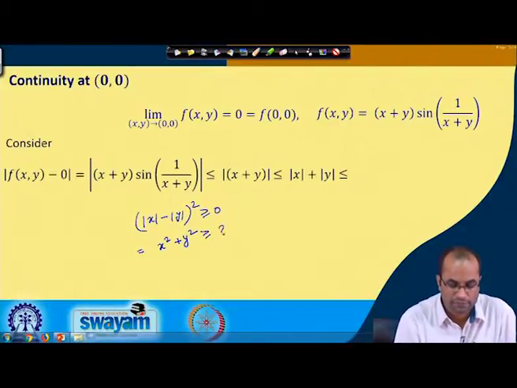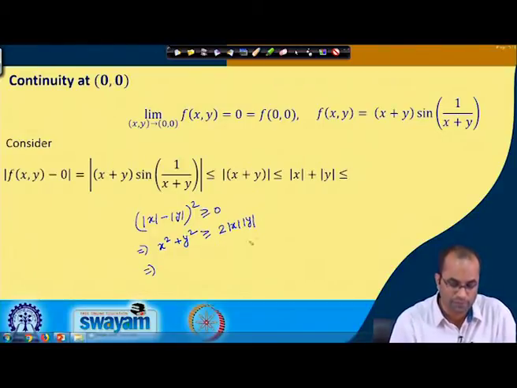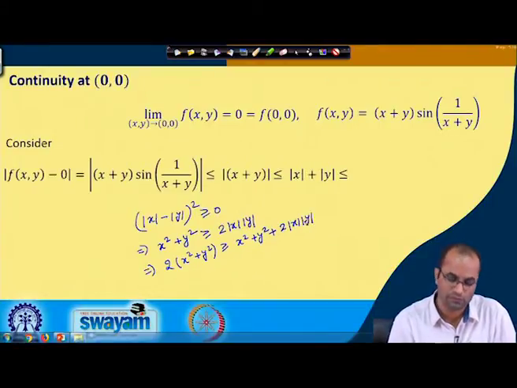So the right hand side will become 2 absolute value of x and absolute value of y. Now, if I add x square plus y square to both sides, the left side will become 2 times x square plus y square, and the right side will be x square plus y square plus 2 times absolute x and y.